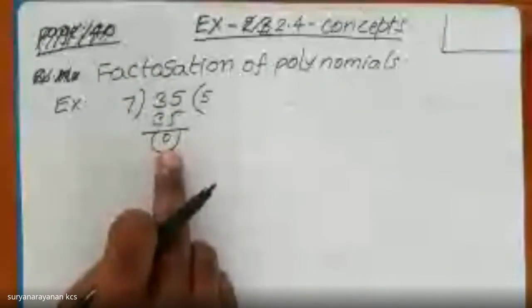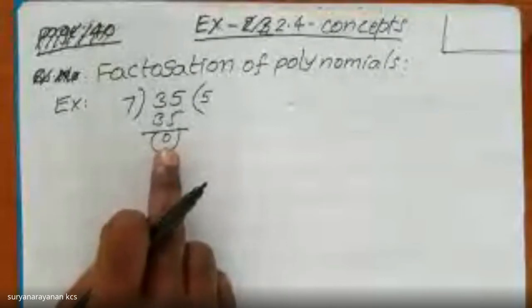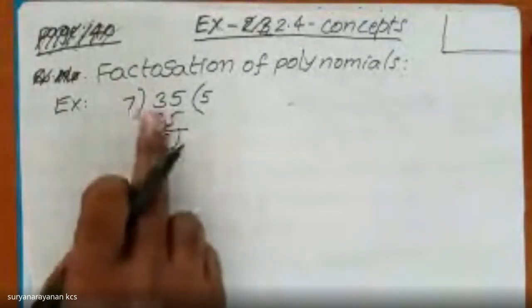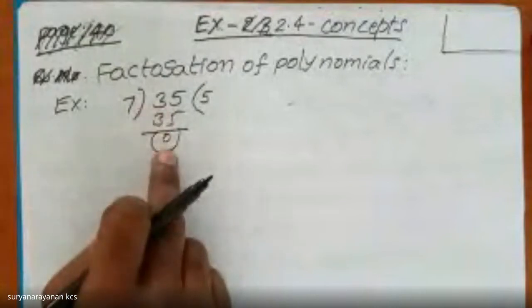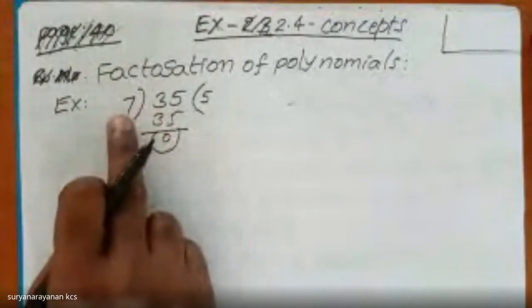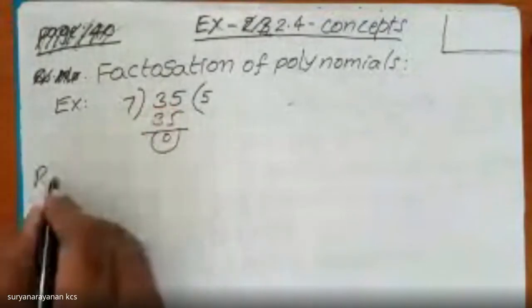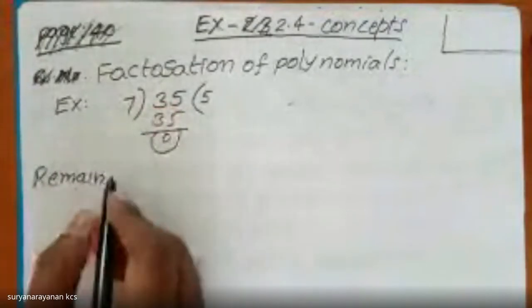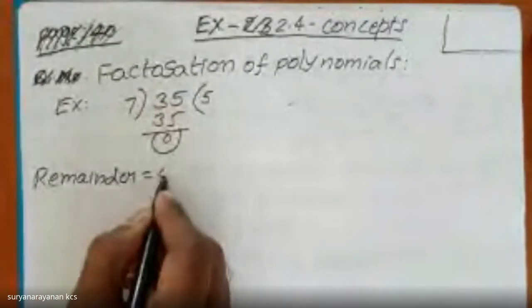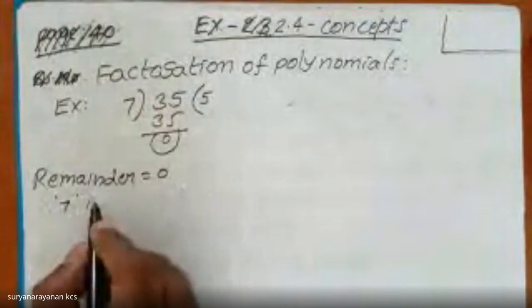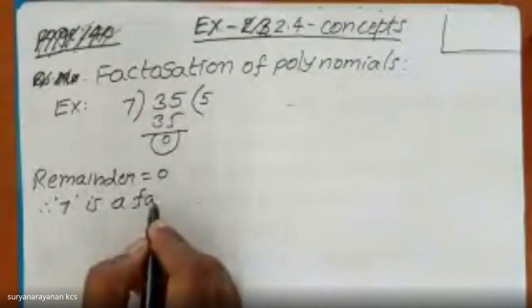Please connect this remainder concept to saying the factor of a number. If we are getting remainder 0, we say that this is a factor of 35. Yes or no? Remainder is 0. Therefore, we say that 7 is a factor.